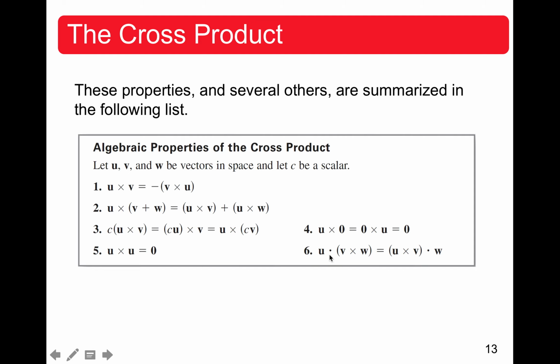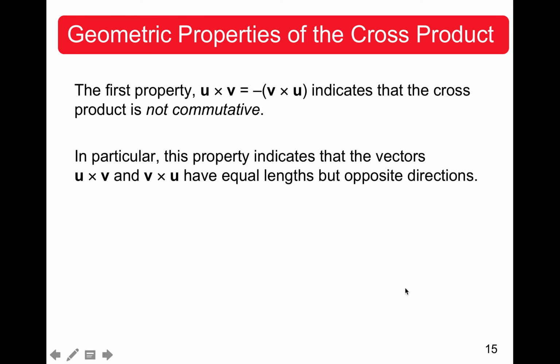And then if we have a dot product, remember we learned the dot product, of a vector and a cross product of a vector, you can use that associative property. So we can do the cross product of u and v and then take the dot product of w, and those will be equivalent.